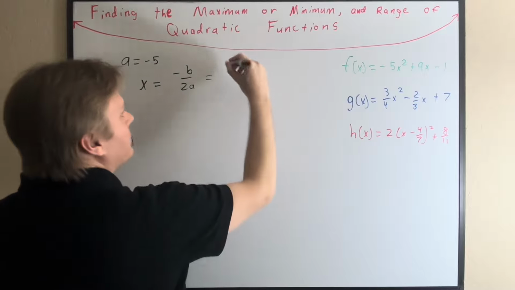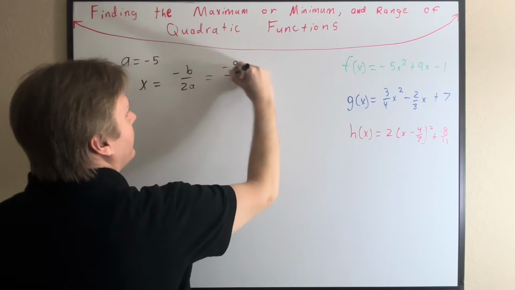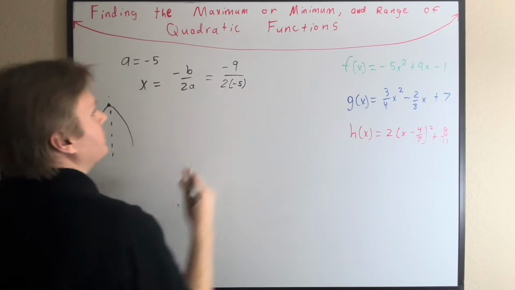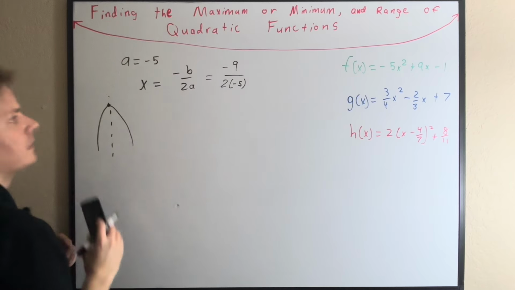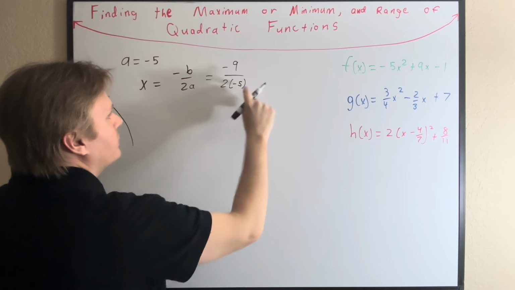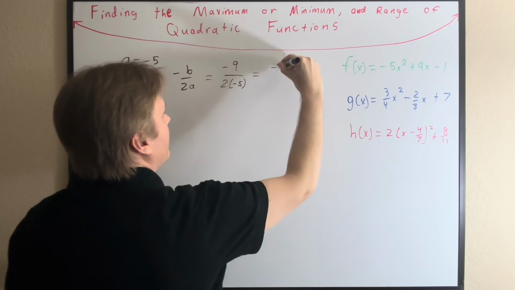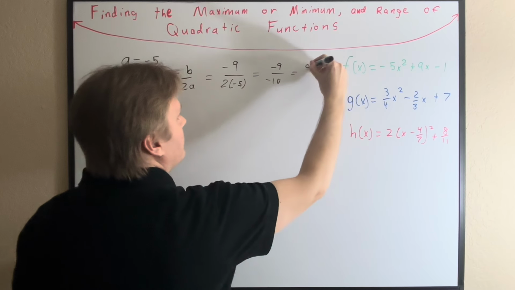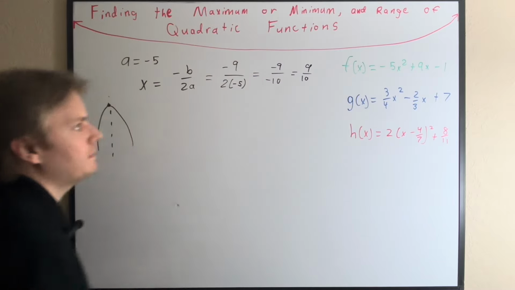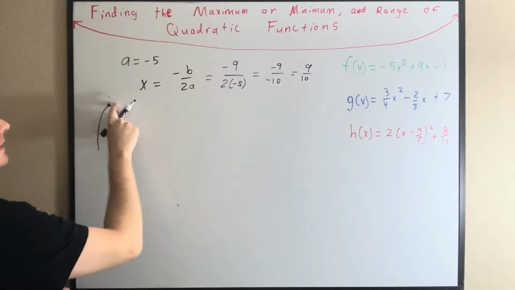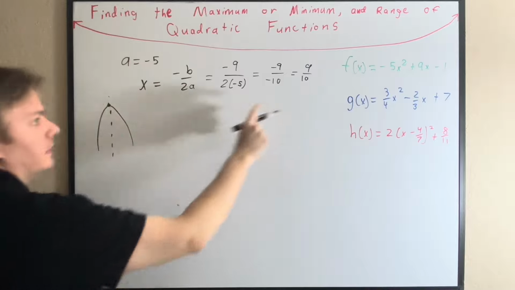Got my a's and b's confused there. Negative 9 over 2 times a, which is negative 5. So negative 9 over 2 times negative 5 is negative 9 over negative 10, which is just 9 over 10.